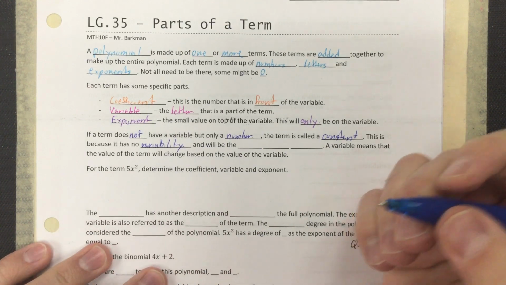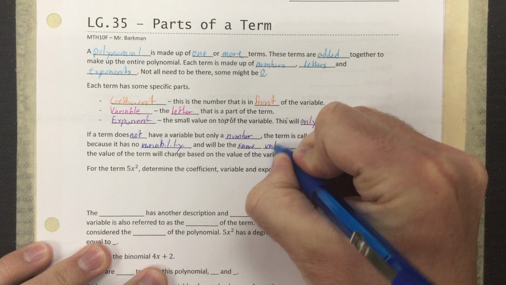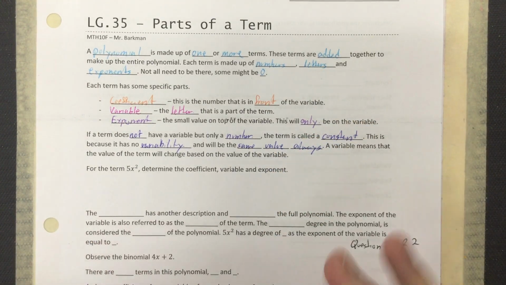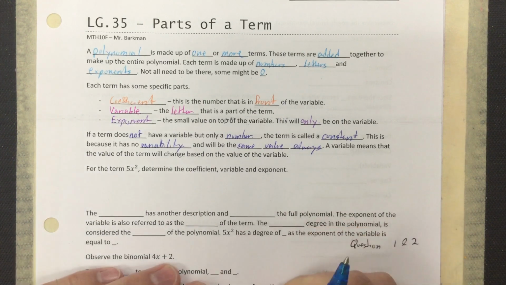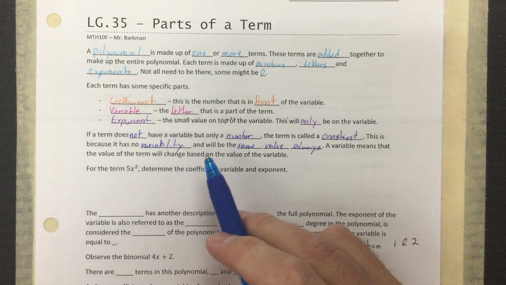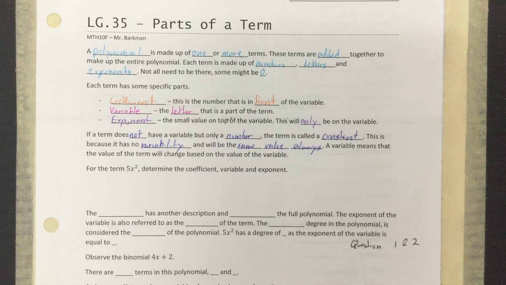It will be the same value always. It's set at a certain number and it will not change from there. A variable means that the value of the term will change based on the value of the variable. A constant is going to stay exactly the same no matter what.